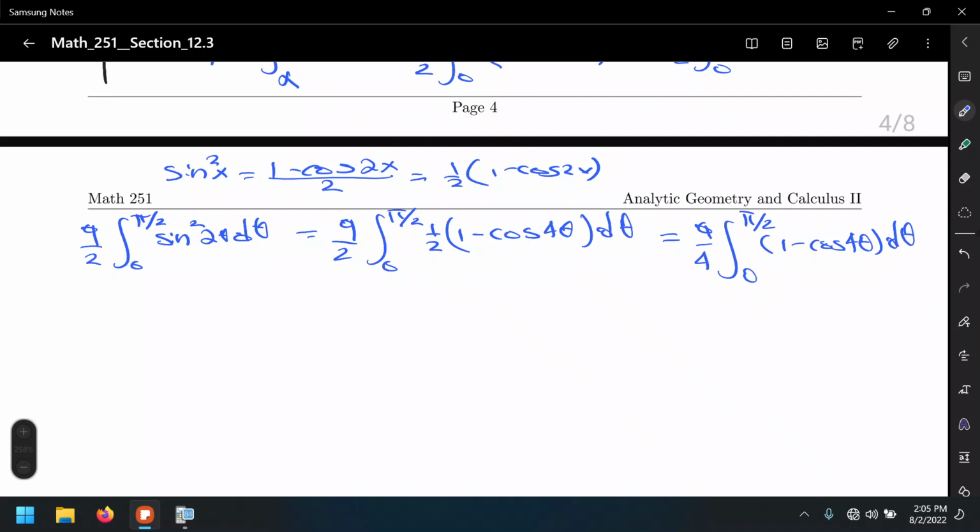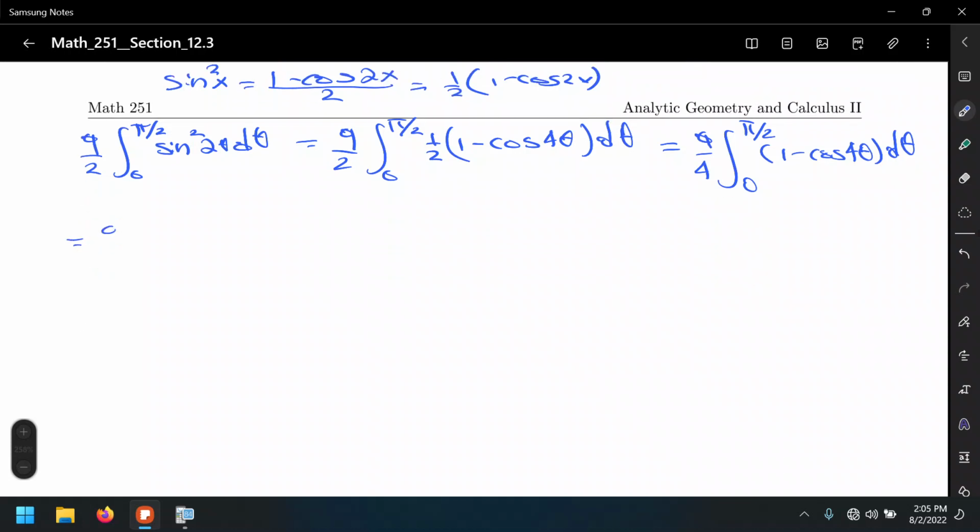And well, I know it's possible to do this integral in our head without distributing, but I strongly recommend that you distribute this into two integrals. Number one, 9/4 integral from 0 to pi over 2 of d theta minus 9/4 integral from 0 to pi over 2 of cosine 4 theta d theta.